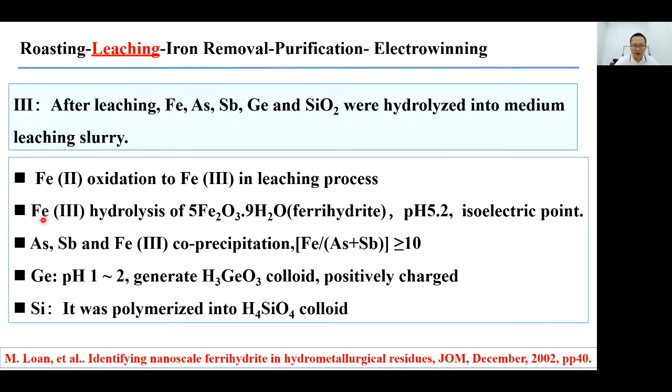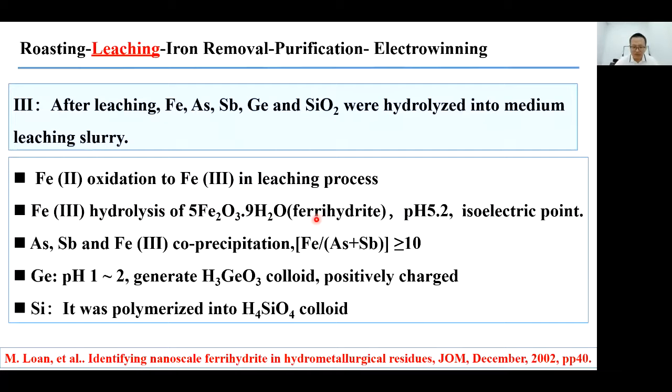And ferric iron hydrolyzes in the form of ferrihydrite. So the pH value of 5.2 is the isoelectric point. So this precipitate does not have any electrical performance. So it was totally inert.